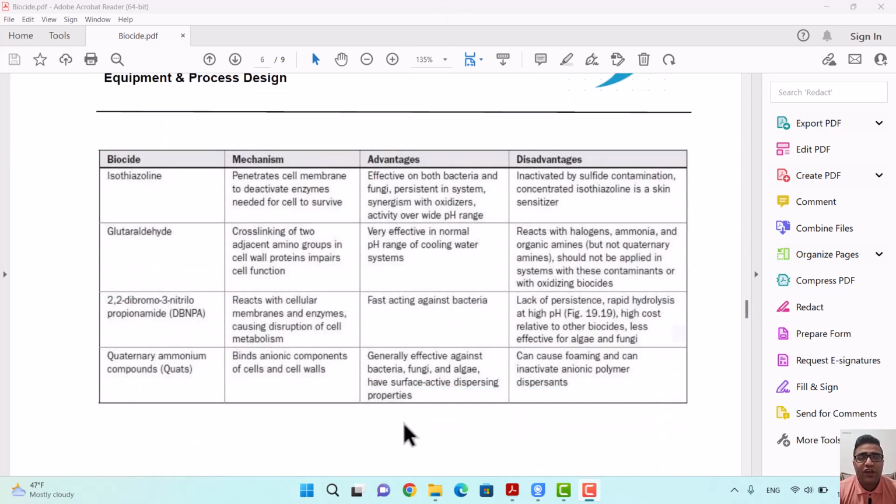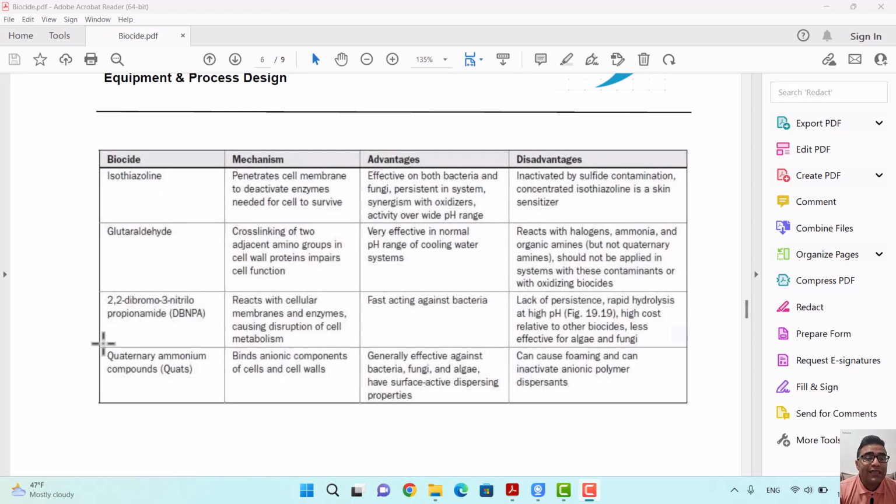Here, as I explained earlier, these four are the most commonly used non-oxidizing biocides for cooling water systems in the oil and gas industry. We have isothiazoline, glutaraldehyde, and DBNPA. Of course, its name is too long, so I want to use the abbreviation.